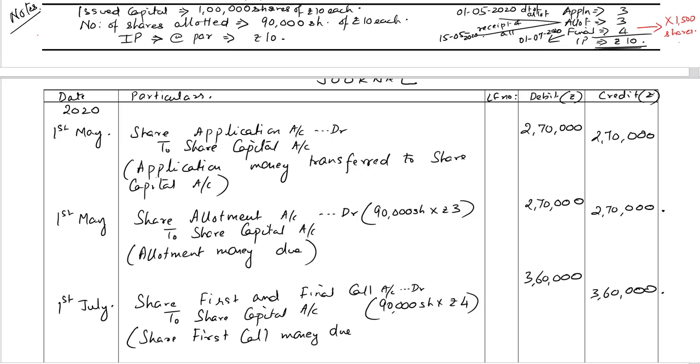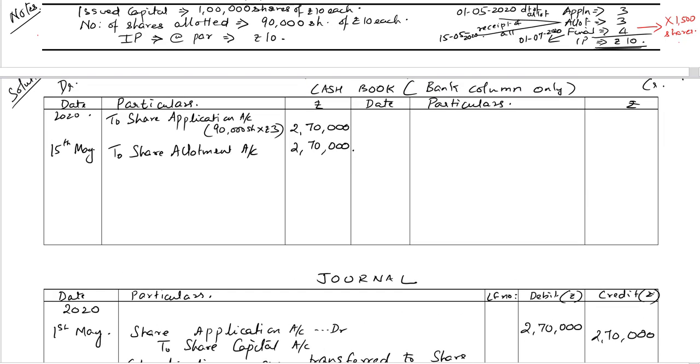The next entry is for receipt of the final call money. So to share first and final call. Out of 90,000 shares, we did not receive the final call money for 1,500 shares.